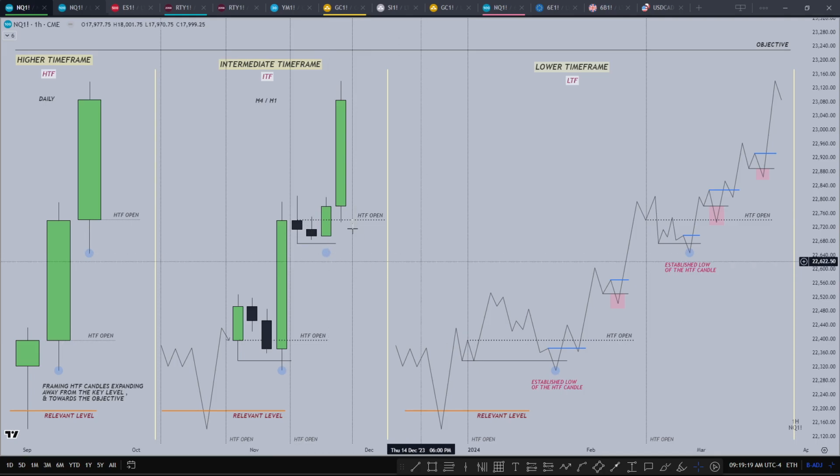And then let's talk about the deeper intermediate time frame. I then align it with 1 or 2 time frames lower than this, just as I did for this. So I will use minutes time frames, could be M15, could be M5, could be M3, could be M1 sometimes, whichever suits best.